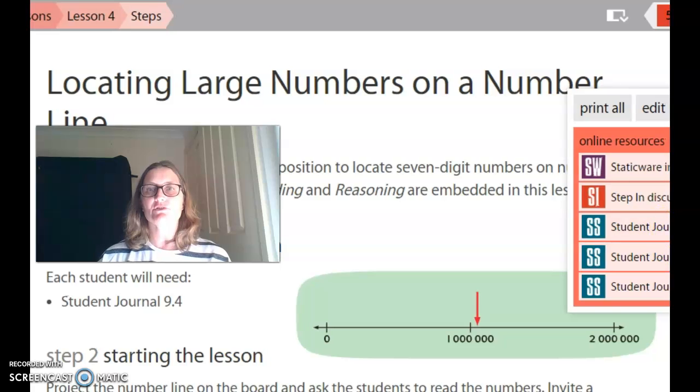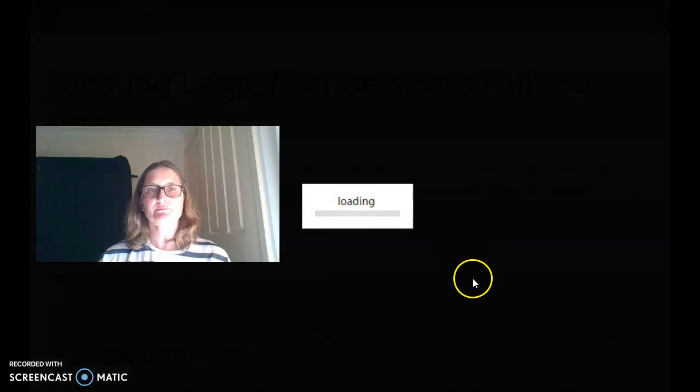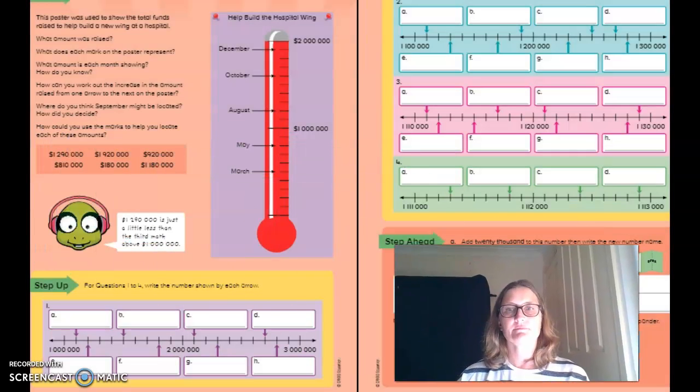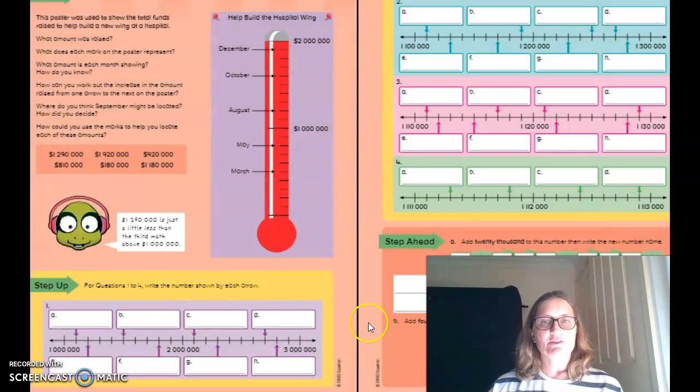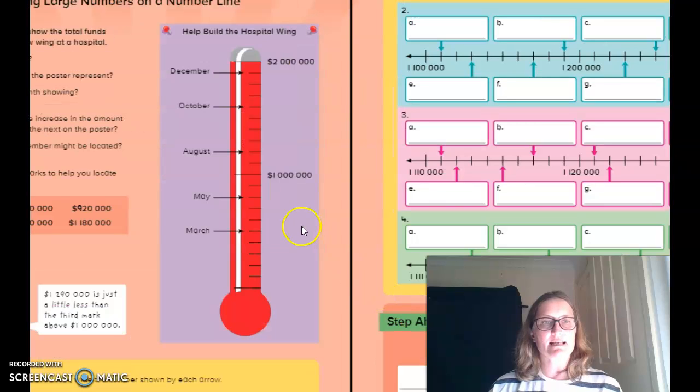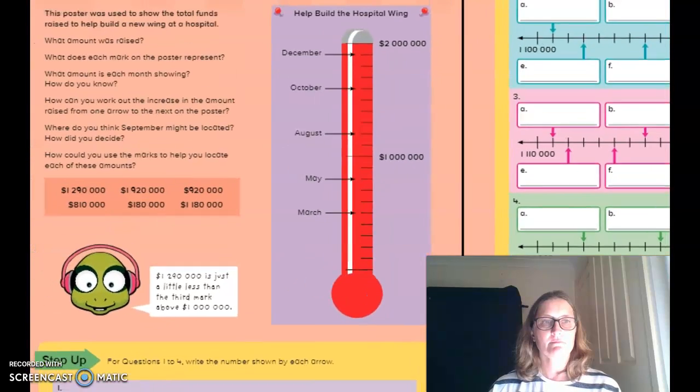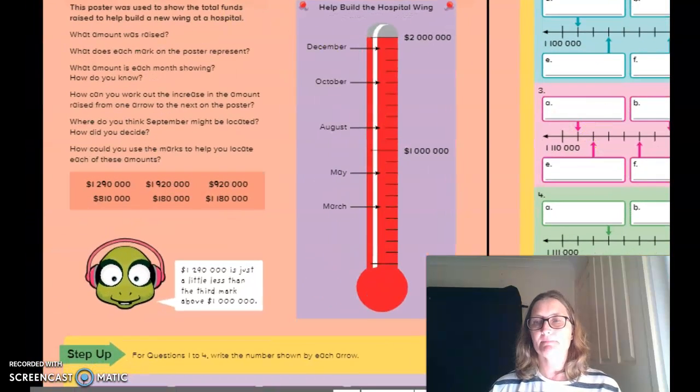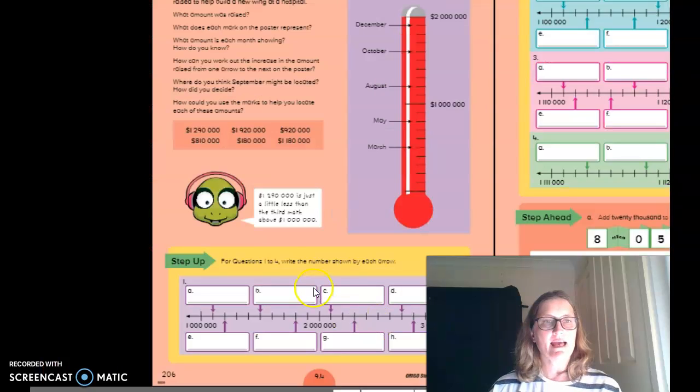Have a look at your student journal, please. What it's asking you to do here is pretty much the same as what we've just been doing. It's asking you to write the number shown by each arrow.